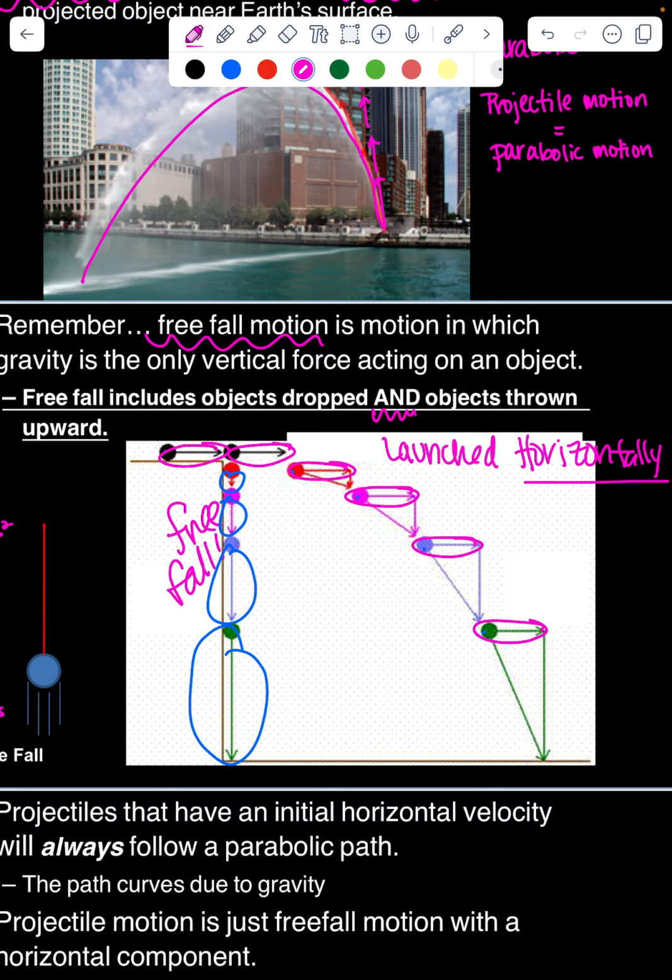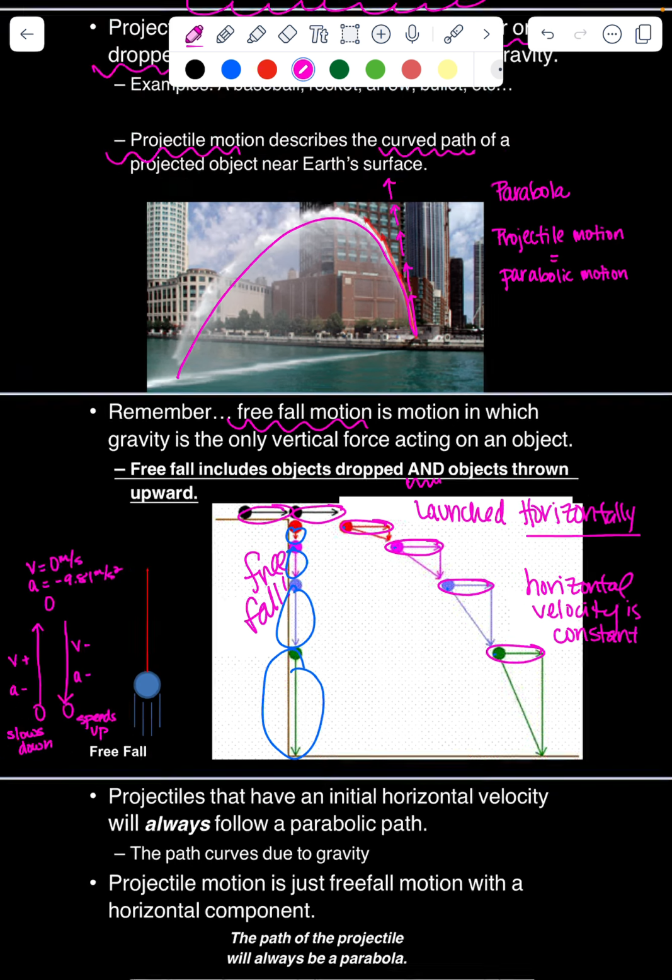But look at these horizontal components. They are not changing in size. They are not changing in direction. So that horizontal component, that horizontal velocity, is staying constant. It is not changing. The vertical velocity is, but the horizontal component is not.